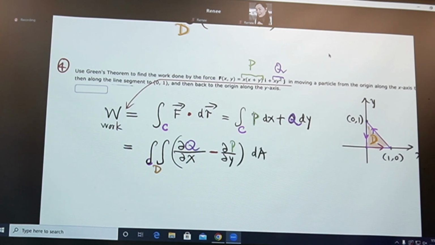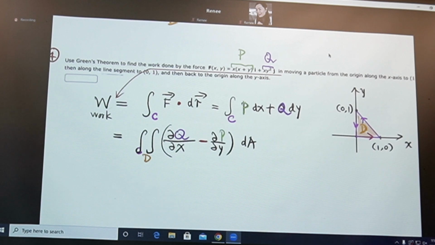Now for this region, you want to think of it as a type 1 region. If you draw a vertical segment like this, y goes from 0 to what? What's the equation for this line? Is it negative? Is it 1 minus x? Yes, the same as negative x plus 1.